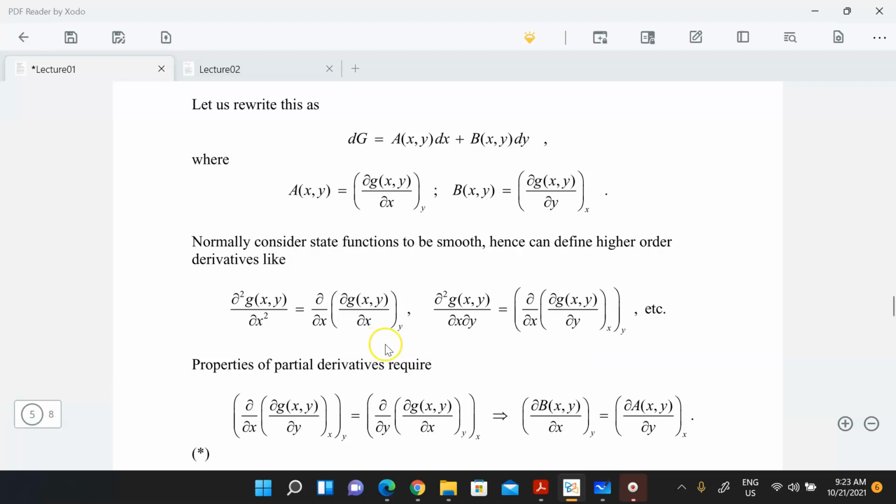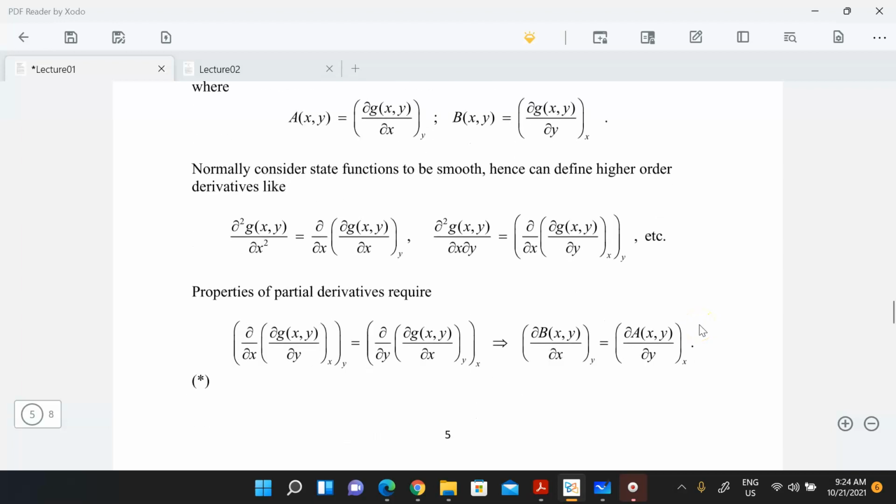This is just ordinary calculus, and of course you can also take a partial derivative of g with respect to two different variables, second order, and then you find that this is going to happen. You can see this subscript here is now different, because of the different derivative that you are taking. The first one is with respect to y, you keep x constant. The second one is with respect to x, then you keep y constant.